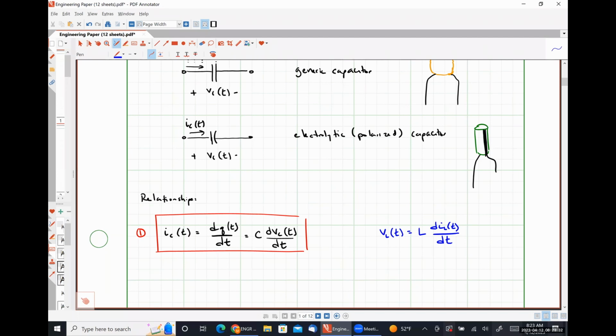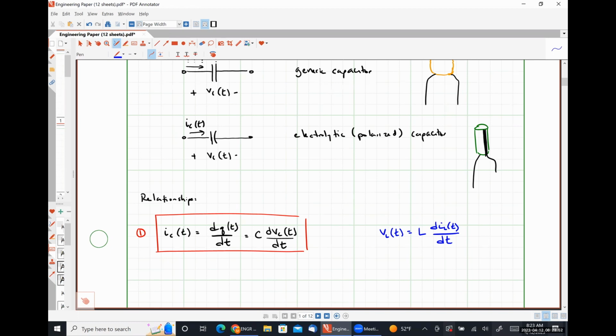So these relationships are literally the same thing, except that everywhere we see current, we replace it with voltage and vice versa. Everywhere we see inductance, we replace it with capacitance. Every single relationship that we derive for capacitors will follow this one. Every last one of them, okay?